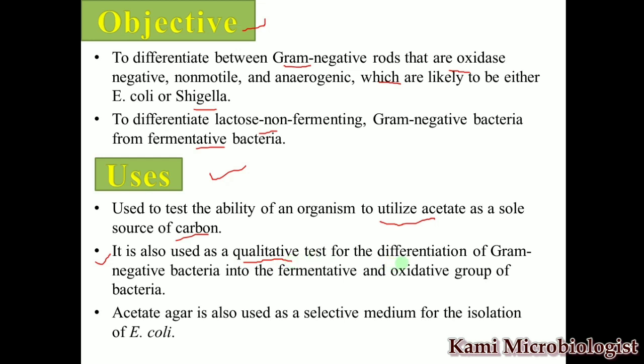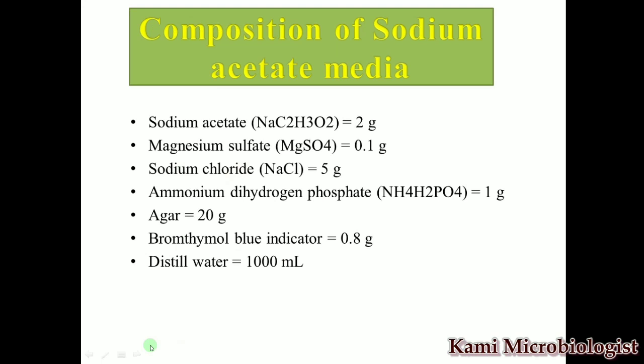Why? Because it is used to differentiate gram-negative bacteria into fermenting and oxidative groups of bacteria. That is why we can say it is a qualitative test. The next point says that in this test we mostly isolate E. coli. That's why this test is important.